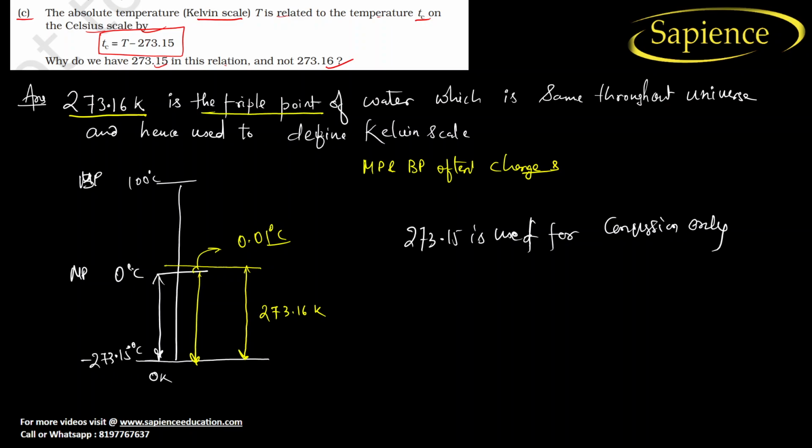But whenever we want to take a reference point, we should take this value only. And this 0.01 is the difference between the melting point of water and the triple point of water. I hope you have understood this.